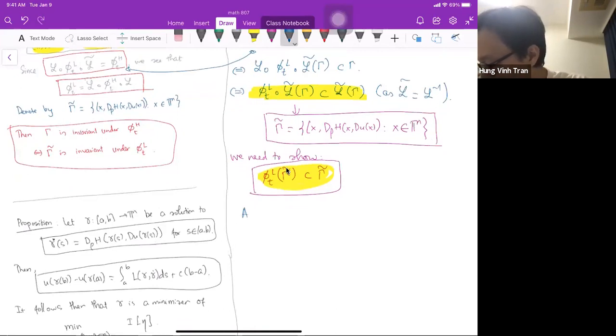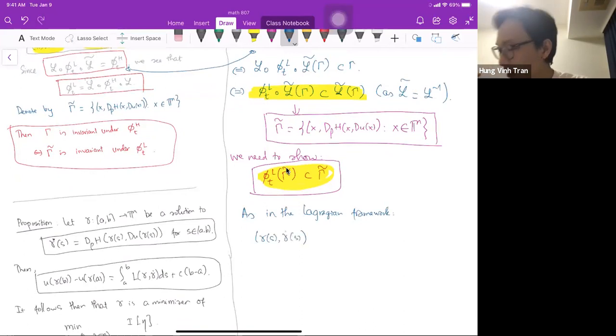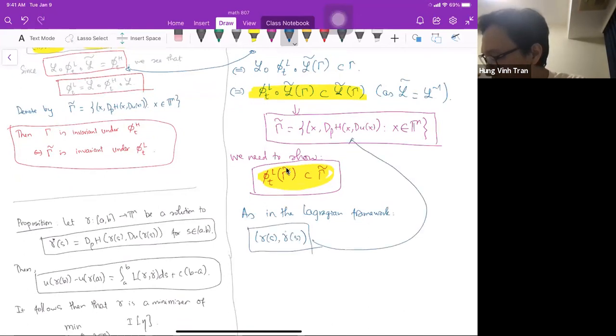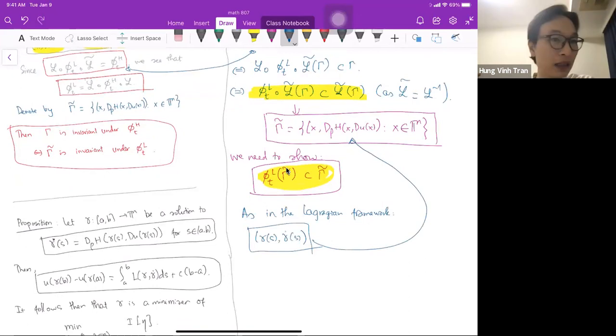So as in the Lagrangian framework, you can see the curve gamma s, gamma dot s, right? And if you compare gamma dot s with what is written up here for gamma tilde, right?